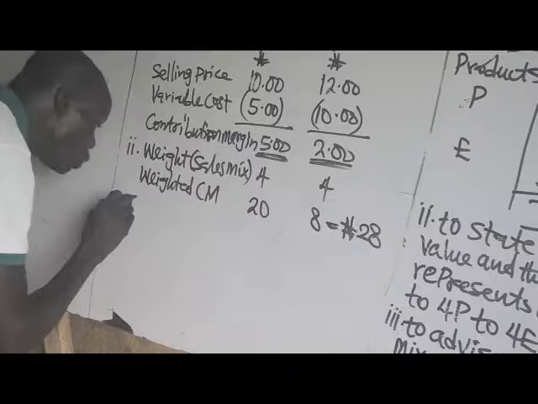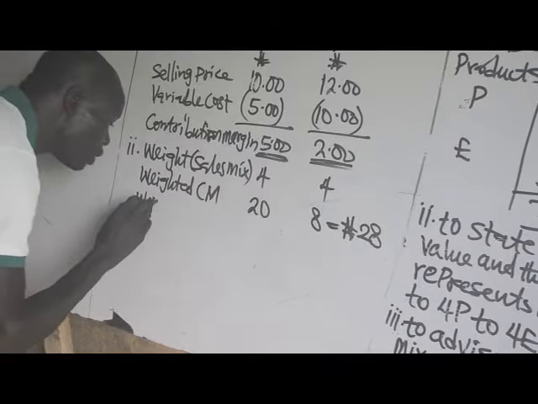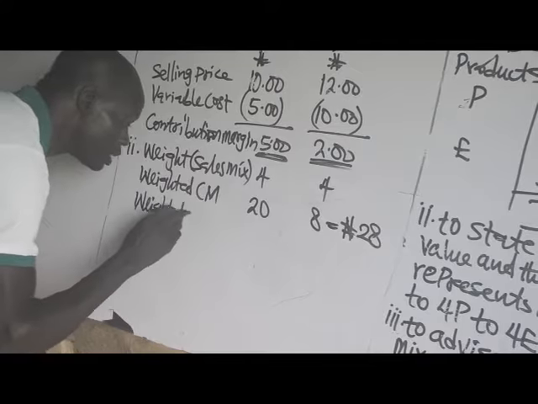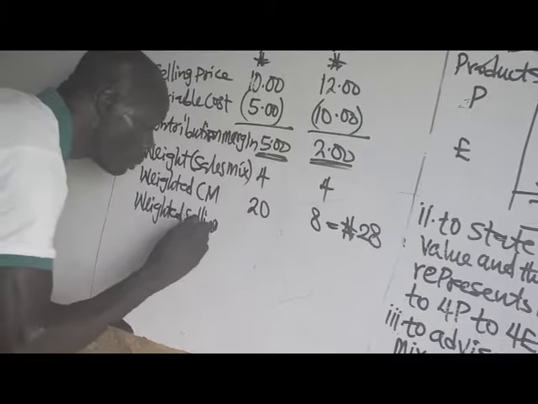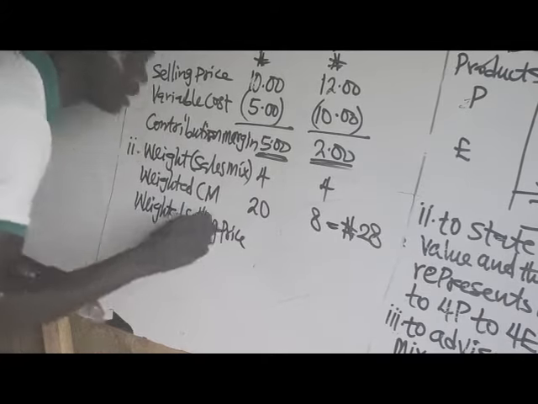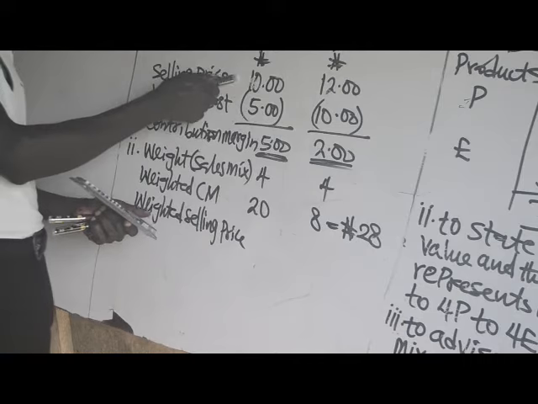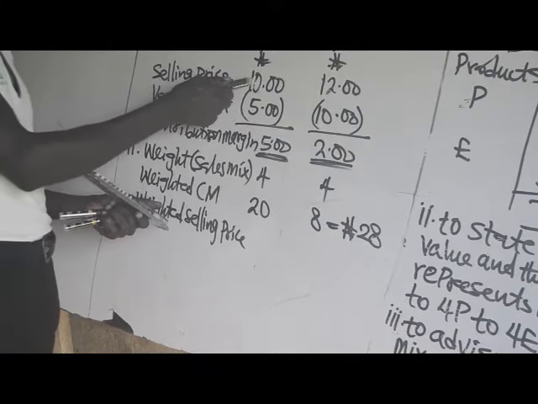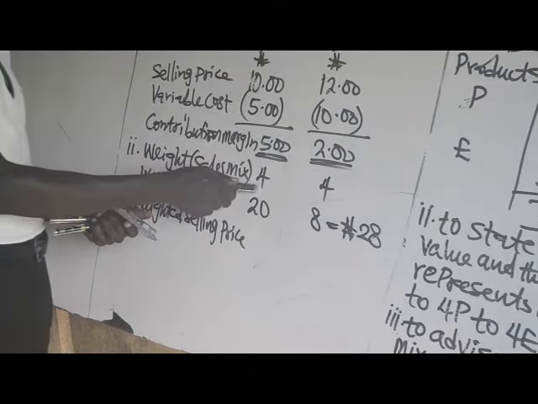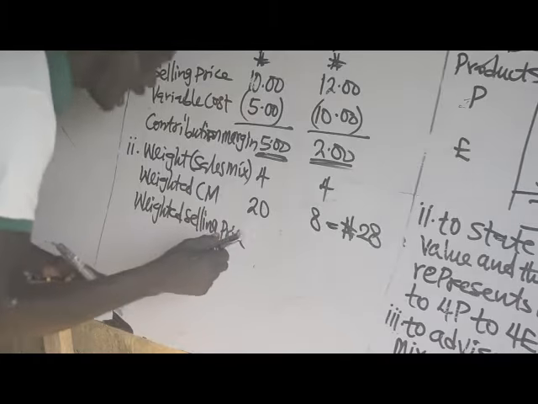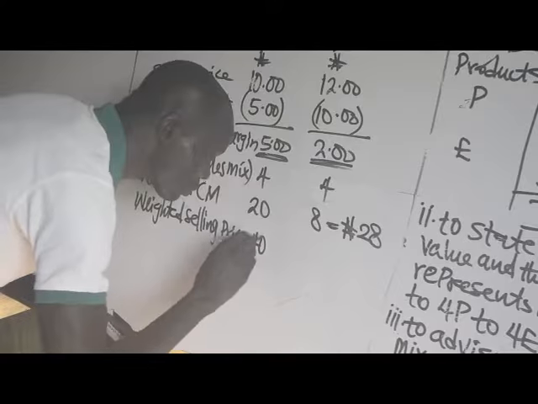Then the next thing is weighted selling price. The selling price of product P is 10 multiplied by the weight, which is 4. 10 times 4, that gives us 40.